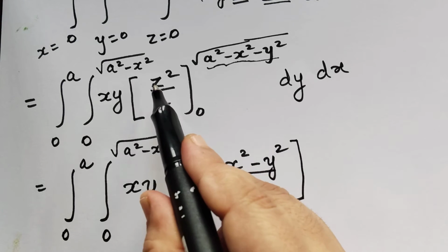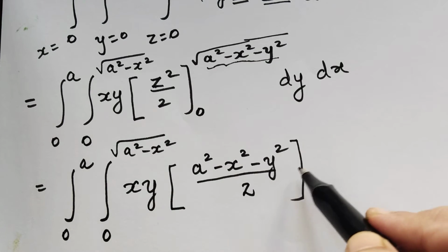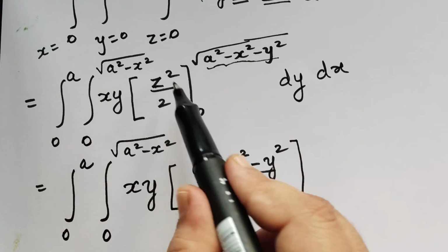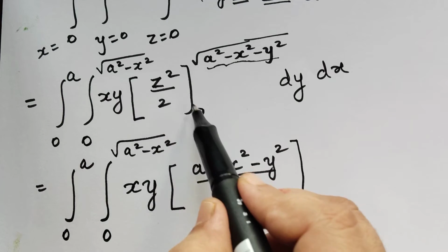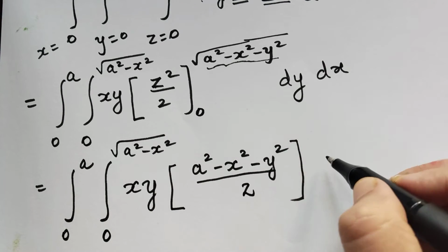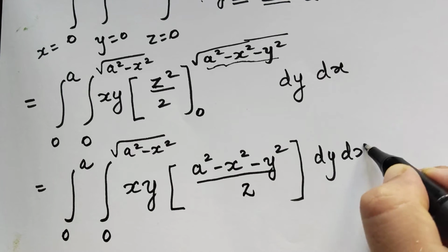And when you apply the lower limit, it becomes 0, so I am not showing that here, because it is the upper limit minus the lower limit. So dy and dx come as they are.